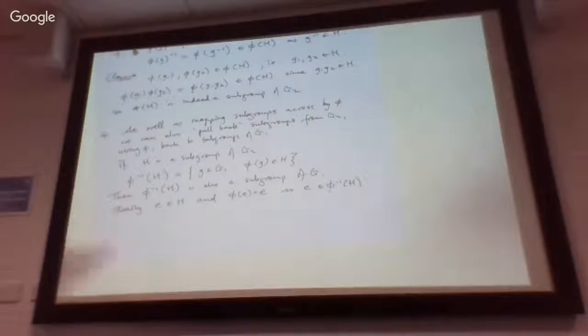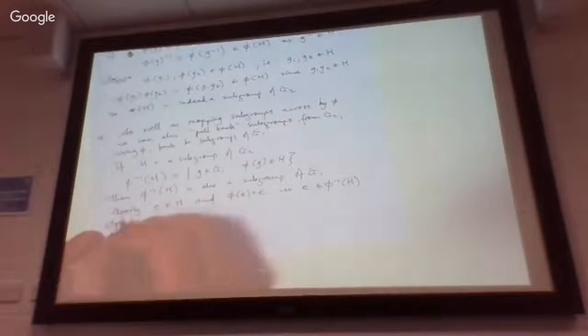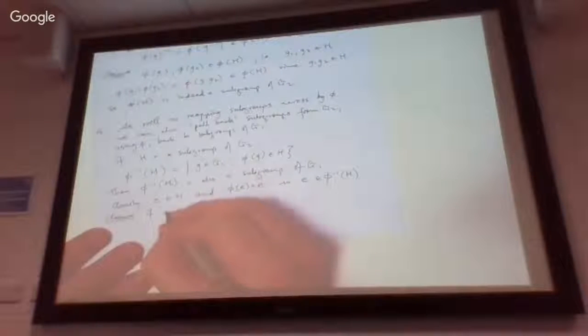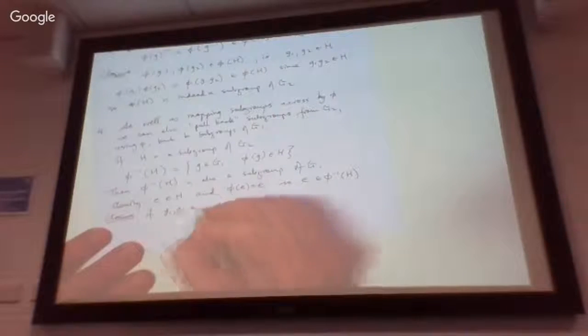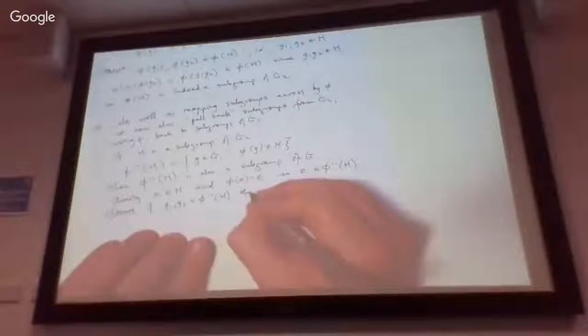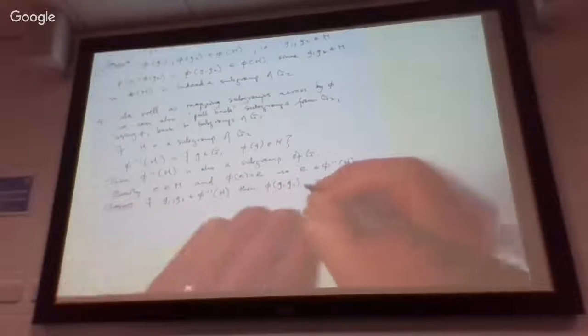Does it have closure? I could be making use of one of the more compact subgroup theorems, but maybe it's clearer just to go through all the group axioms. Yes, it does have closure, because if I take g1 and g2 as elements of phi inverse of H, then the question is, where does the product g1 times g2 live?